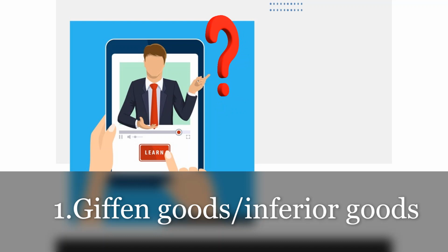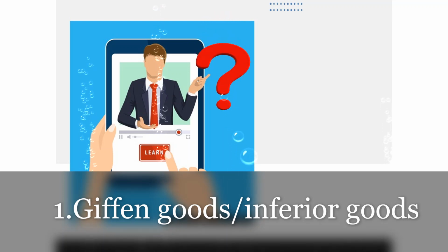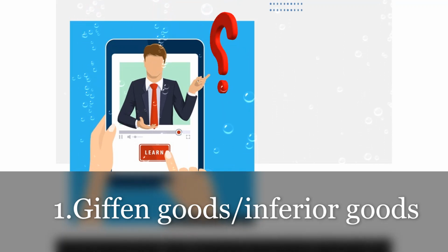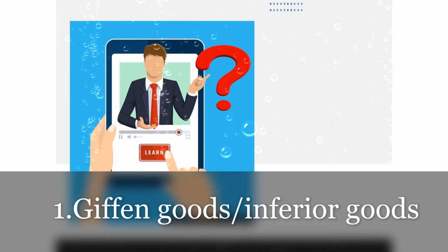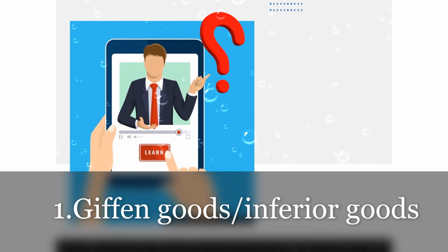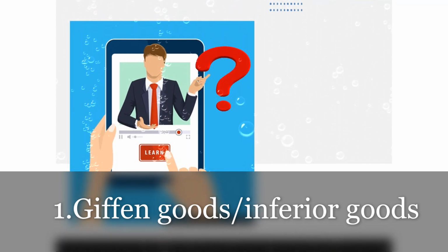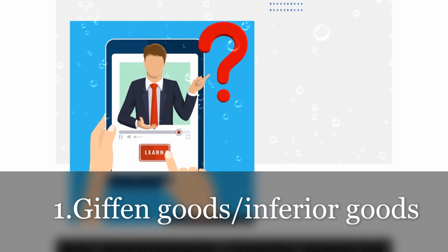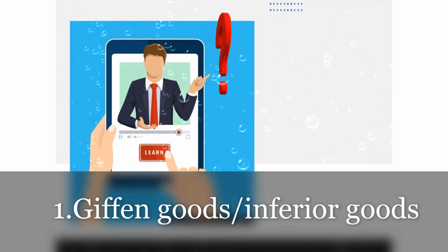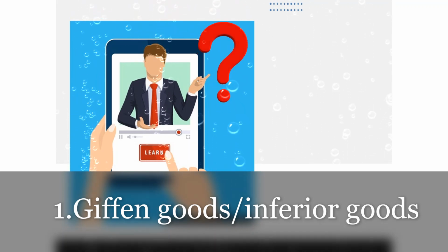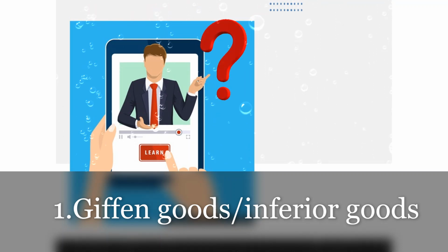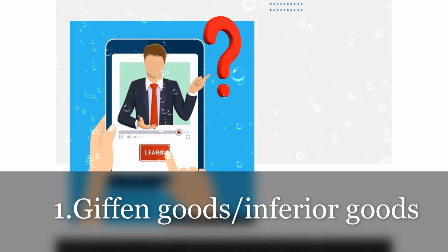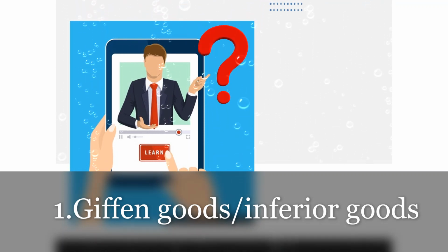Firstly, when it involves Giffen goods, or it is also known as inferior goods, right? According to Sir Robert Giffen in the 19th century, the less fortunate people will spend a major portion of their income on staple items. So what is a staple item? A staple item for Malaysians or Asians is, for instance, rice. As for Westerners, it may be something different such as bread or potatoes, right?